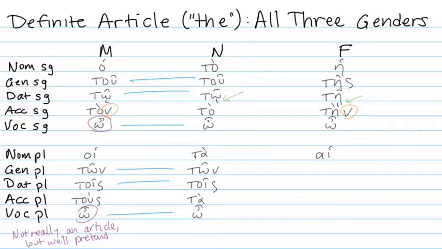In the nominative plural, we have hai, which looks like hoi, but we've substituted an alpha for an omicron. Then we get ton, which is identical to the masculine and neuter. Dative plural is tais. Again, we've substituted an alpha for an omicron. The masculine and neuter is tois. Then the accusative plural is tas, as opposed to masculine tous.